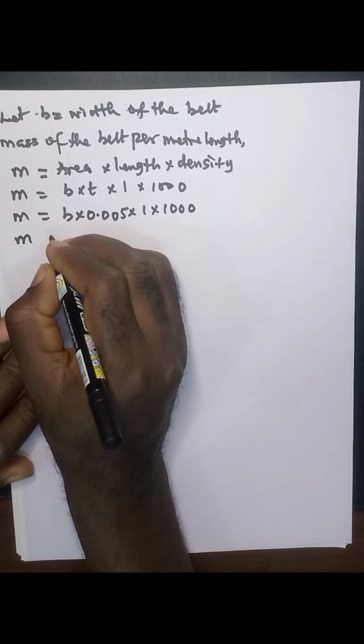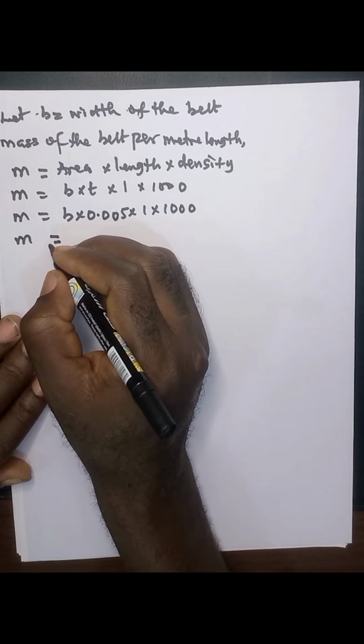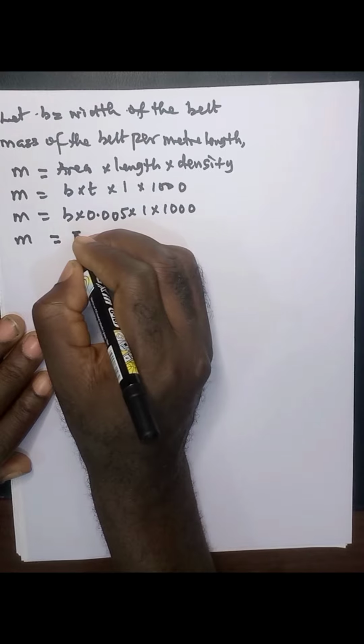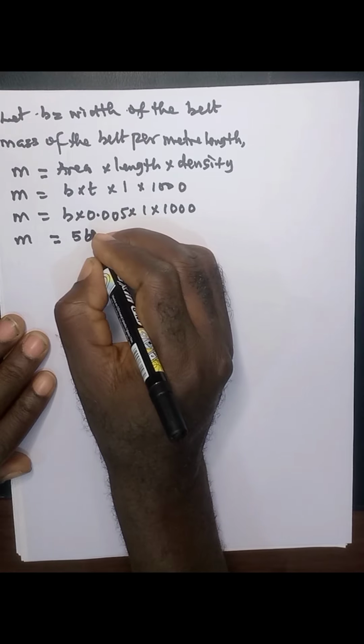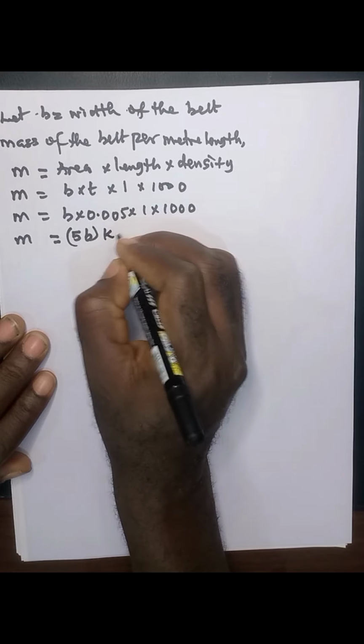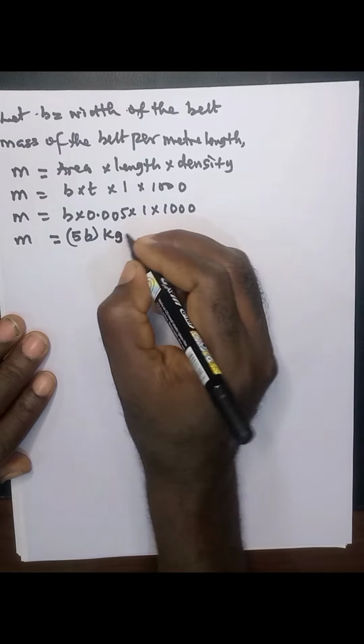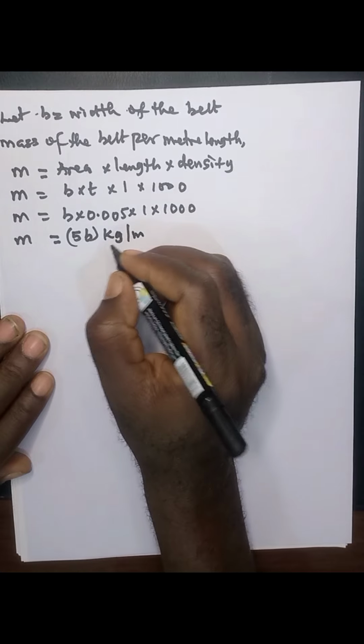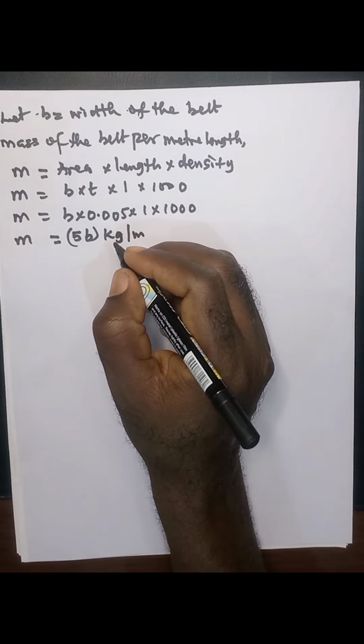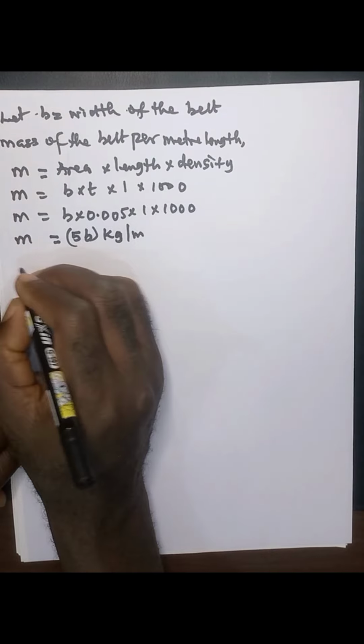Then here we have M to be equal to 5B measured in kilogram per meter.